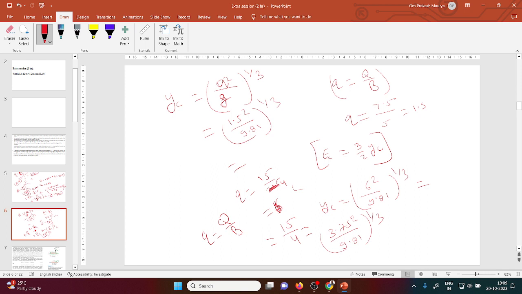So 3.75 square divided by 9.81, whole power 0.33.